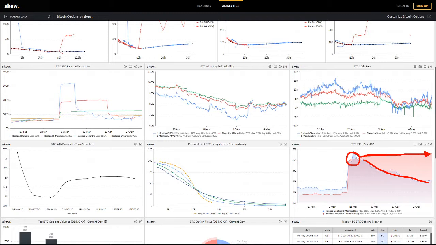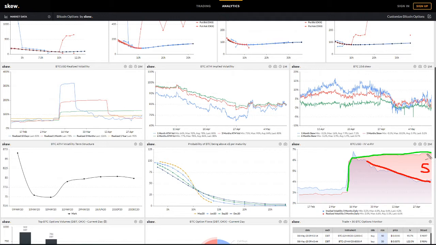What I like to see instead, and a lot of times cryptocurrency markets can offer different things, is if implied volatility stayed high like this, but realized volatility was starting to drop off, then this would be a seller's edge.